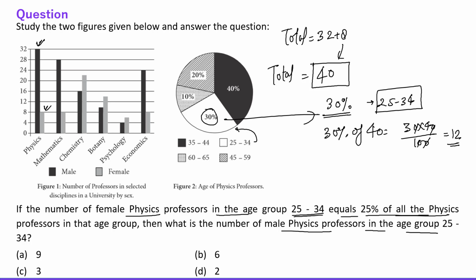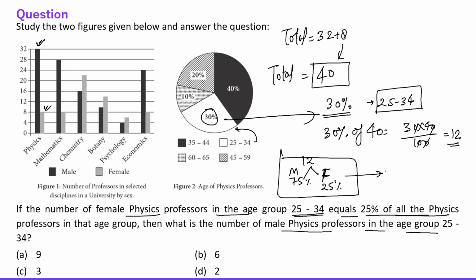So total we have 12 professors in this age group, and out of that 75% are male and 25% are female, right everyone? This is the breakup.